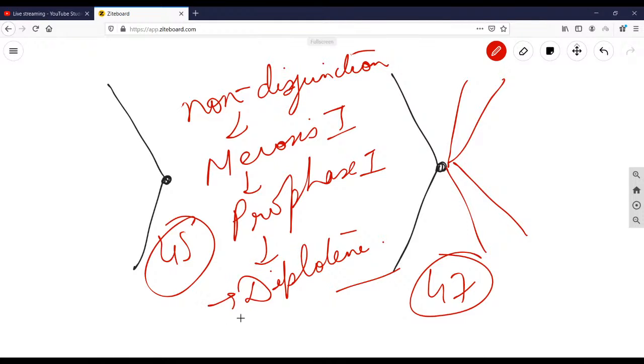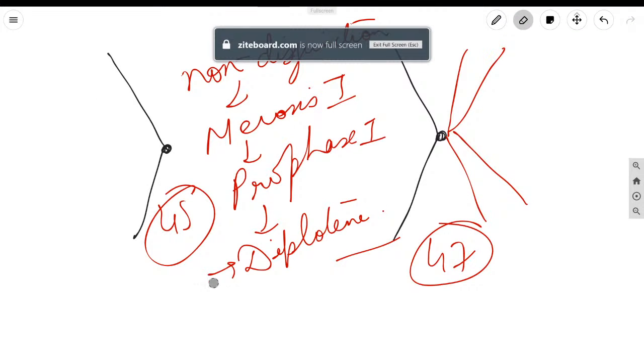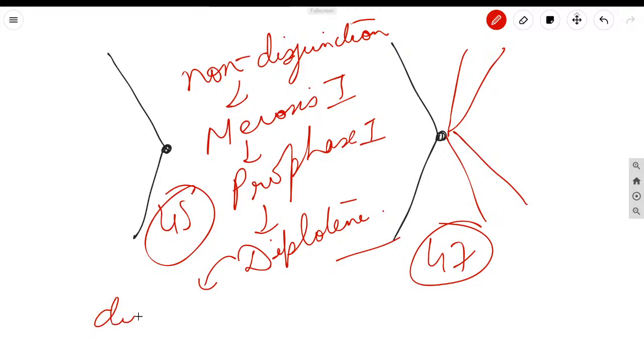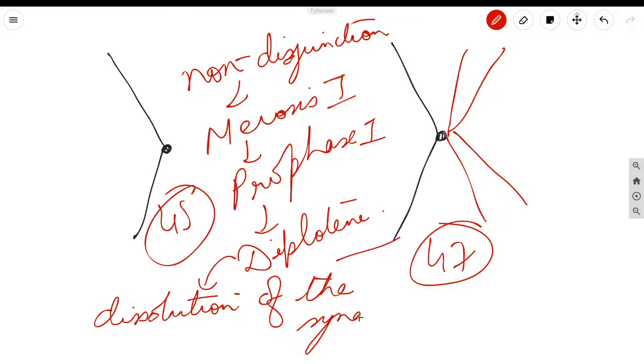And if you are unaware of diplotene and pachytene, at pachytene we had chromosomal crossing over. At diplotene we will be having the dissolution of the synaptonemal complex.